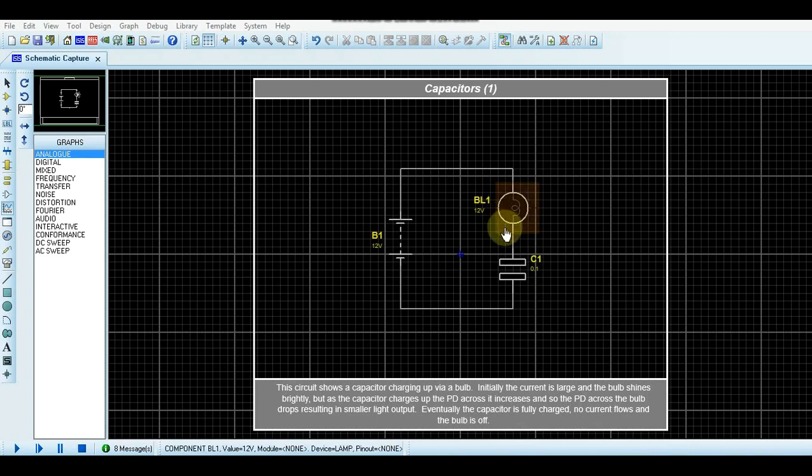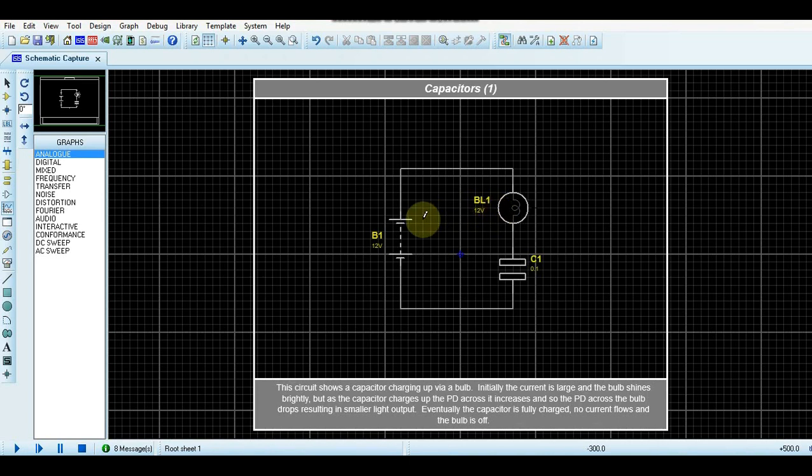And once this capacitor starts charging, the power dissipation across this C1 is higher, and if it is fully charged, no current flows through the capacitor, hence this bulb is not shining.